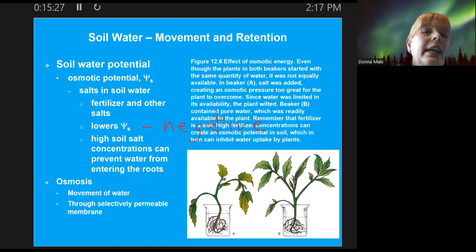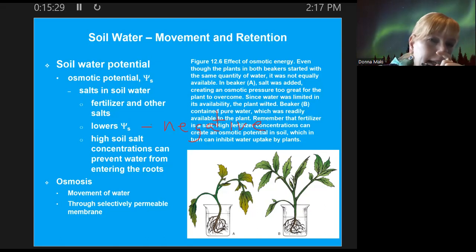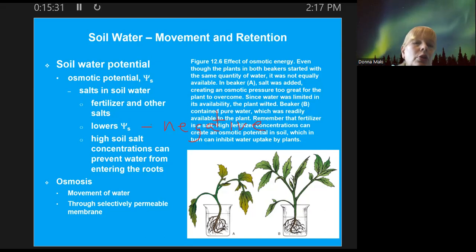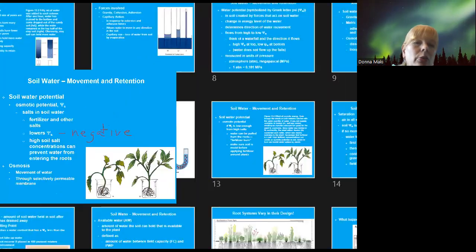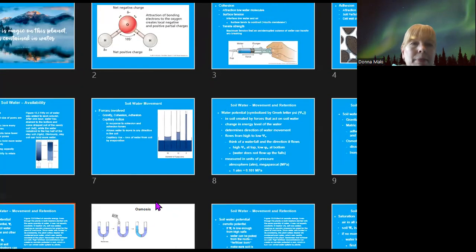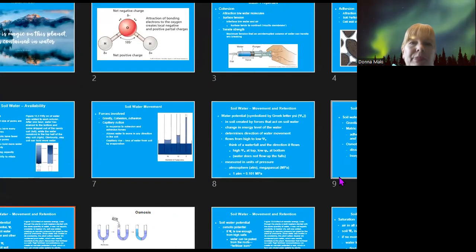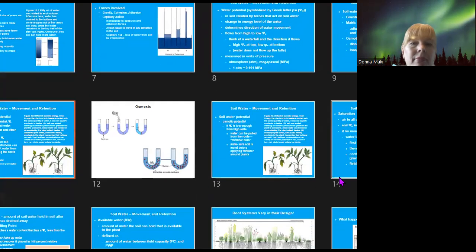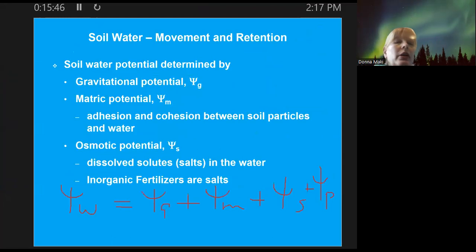So if your ψS component is very negative, it's going to drive your overall water potential to be negative.